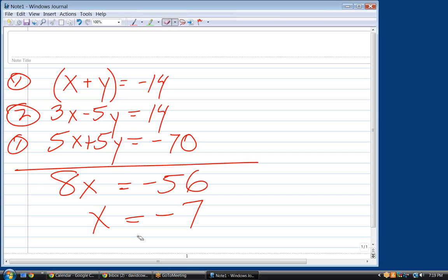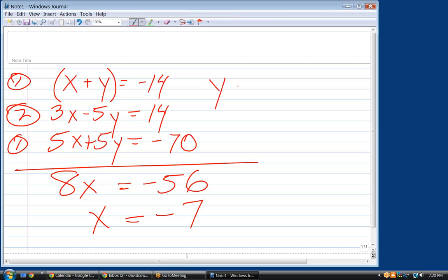In other words, math is all about not making mistakes. Well, if I work with equation number 1, I'm less likely to make a mistake than if I work with this equation. This equation I've got to multiply by 3, multiply by minus 5, do all kinds of things. So I would always go to the simplest equation to solve for y.